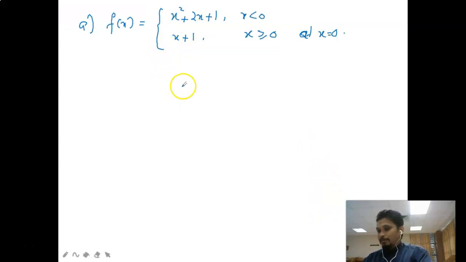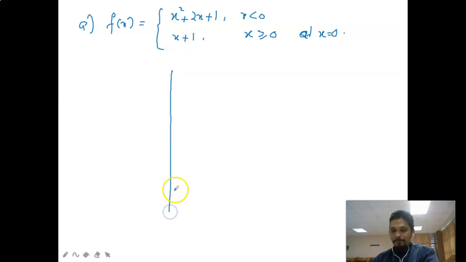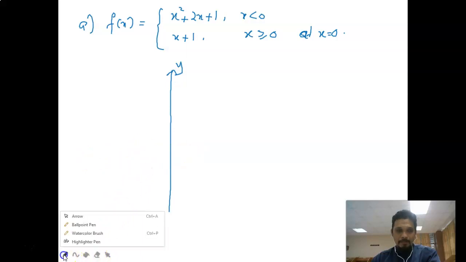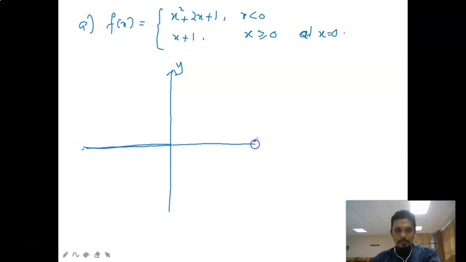Okay, now, for this function of f(x), we're going to sketch the line graph of the x-axis and y-axis first. Okay, so the graph of the first one here then.